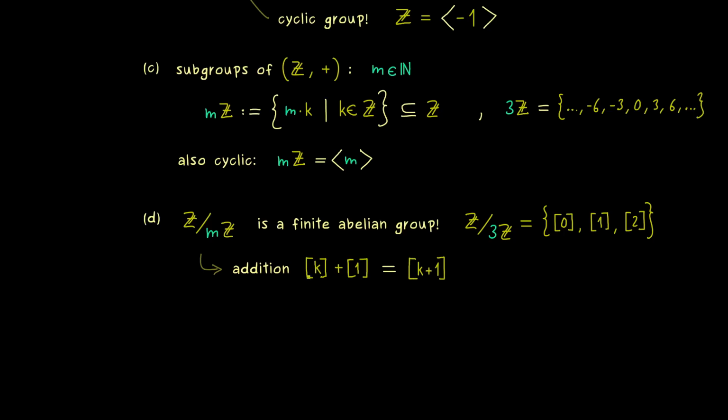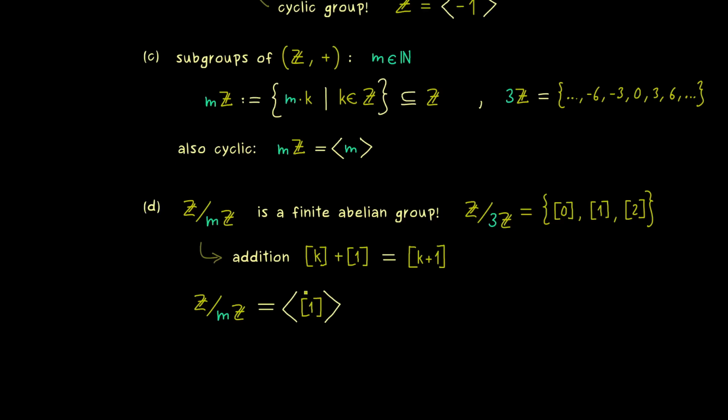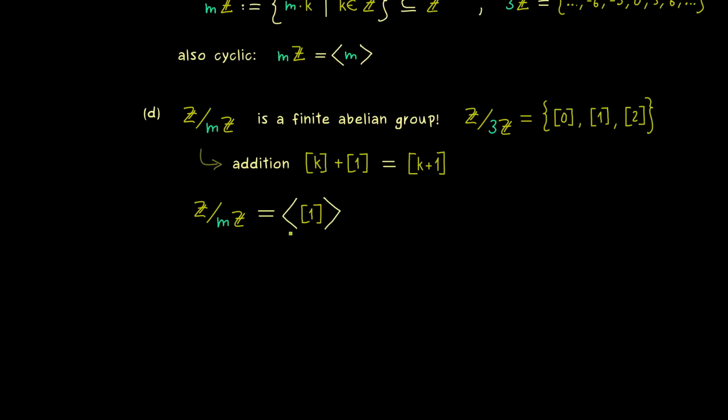And with that you already see it, we can also go through all possible elements just by using the one element. Hence also here we have a cyclic group and it's generated by the equivalence class of 1. So it works exactly like we have it for the integers, with the only difference that now we only need to cover finitely many elements. More precisely, we cover exactly m elements in our group.